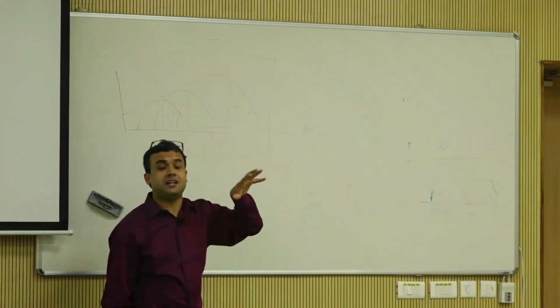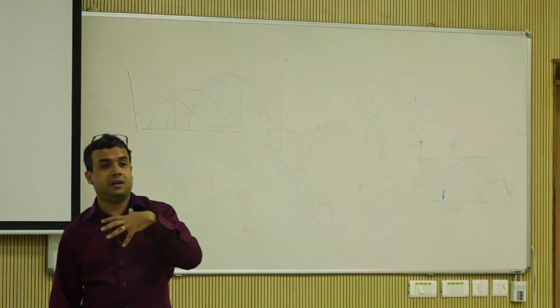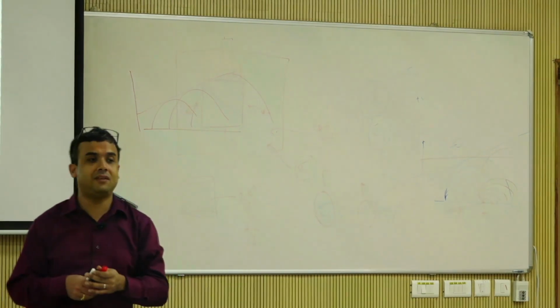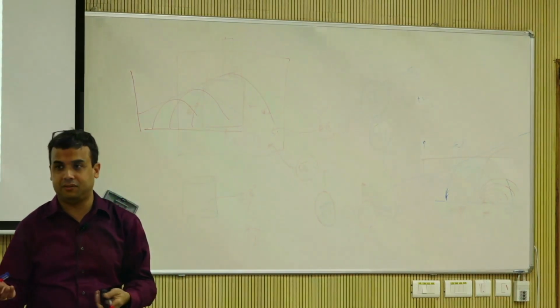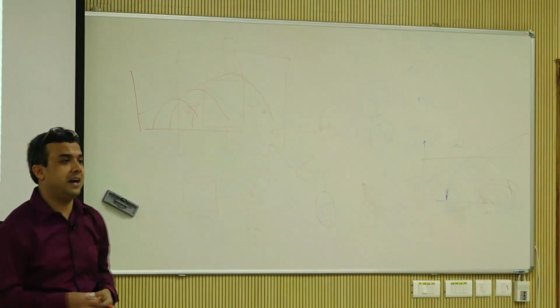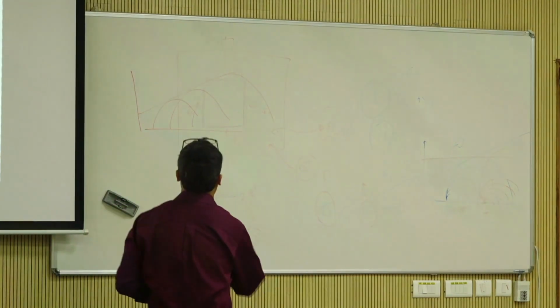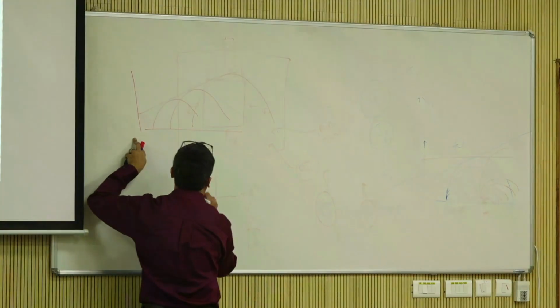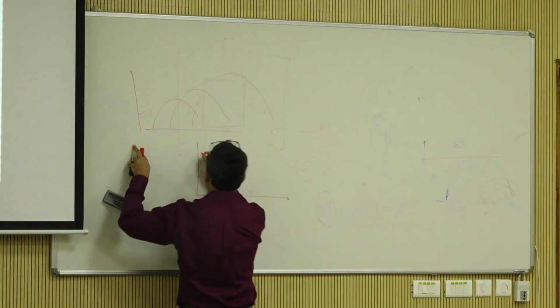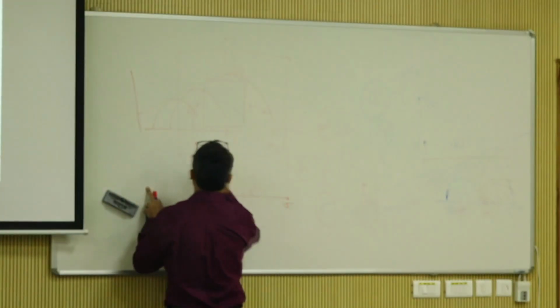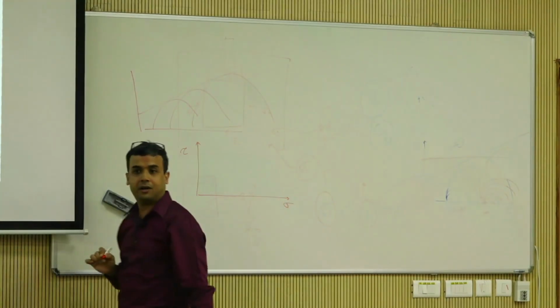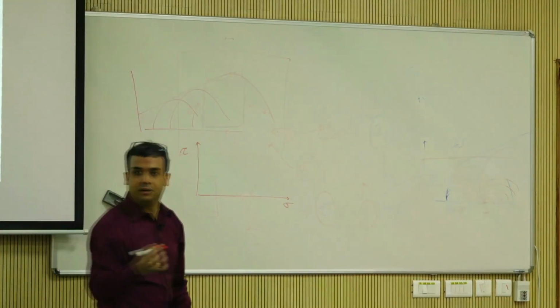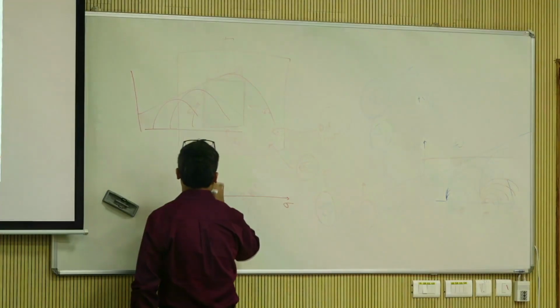One more thing that is very relevant to us on the pavement side of things is unconfined compressive strength, right? What does that mean? How does the Mohr circle look when I do an unconfined compressive strength? Sigma 3 is 0, right? Sigma 3 is 0.